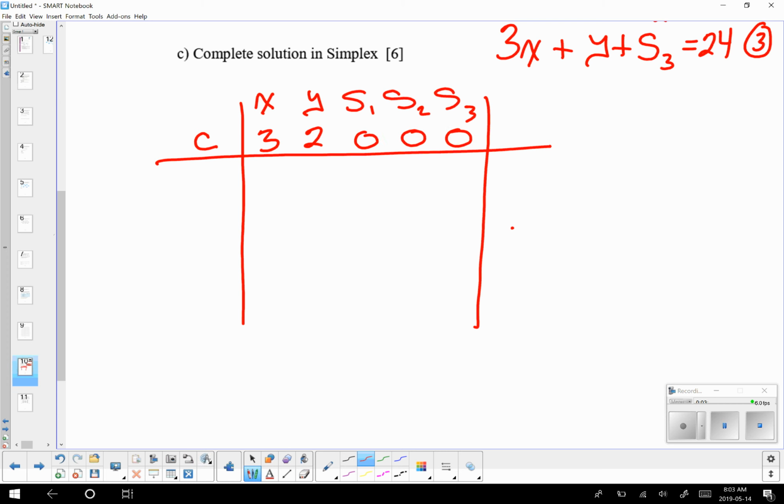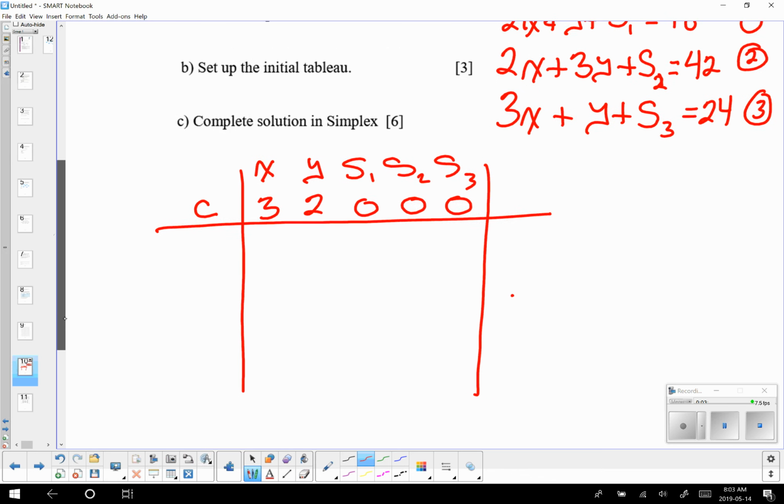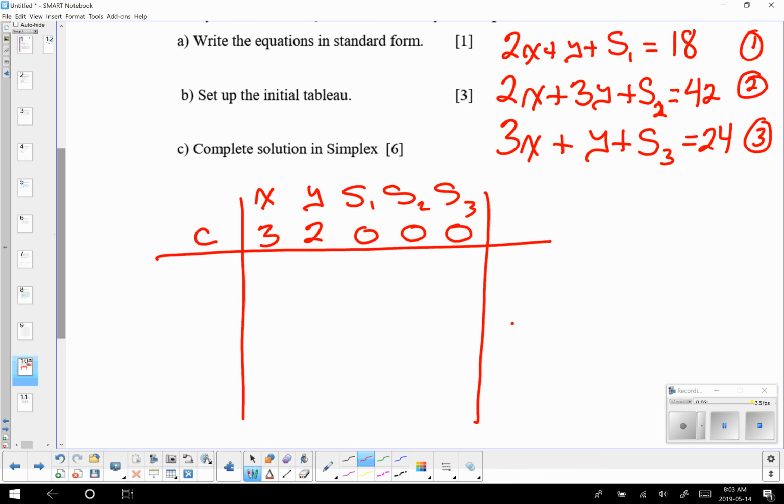So those will always be 0. So then we're going to put these in. Now there are different ways of setting them up. This is how I set them up. You just have to choose one and stick with it, or else it will be almost impossible for you to mark if somebody's adding and somebody else is subtracting.